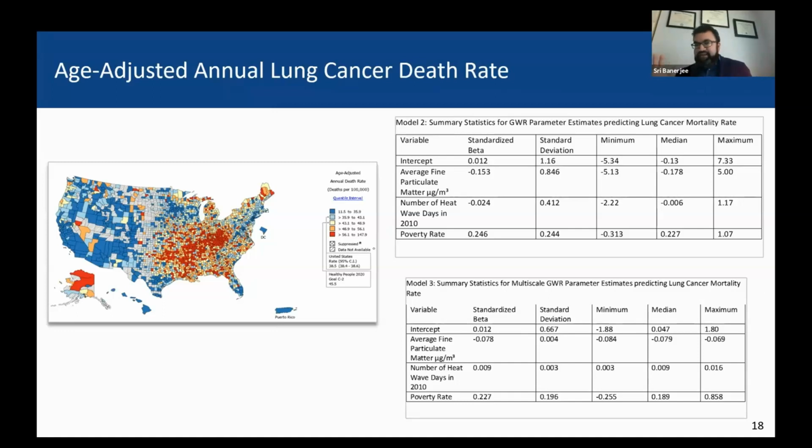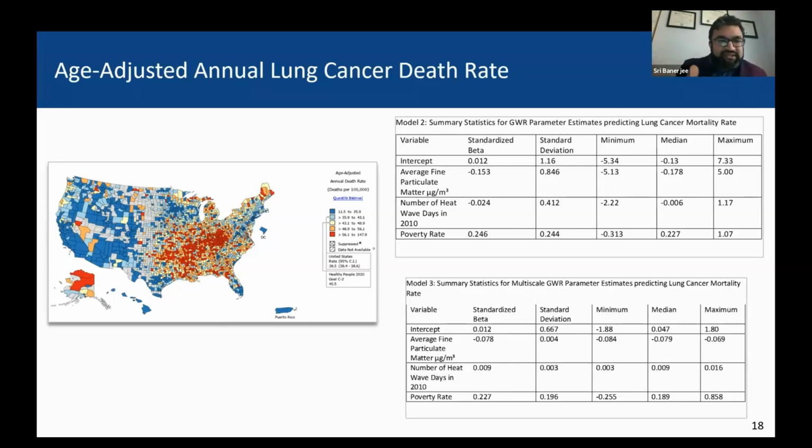This Monte Carlo was a very computationally expensive test to run. But after it was run, I was able to tell that there was, in fact, spatial variability going on. So the next step was, of course, to run a geographically weighted regression model.